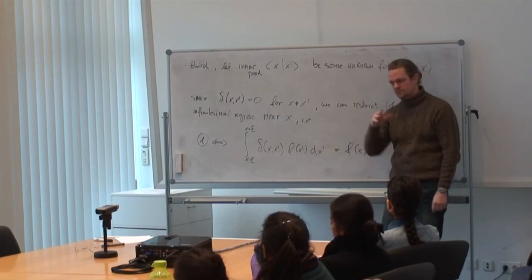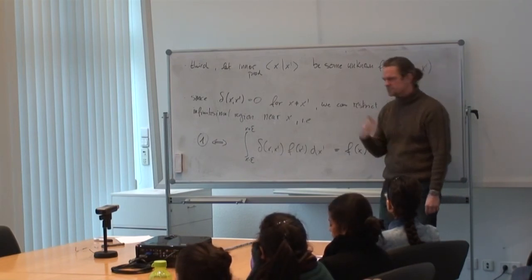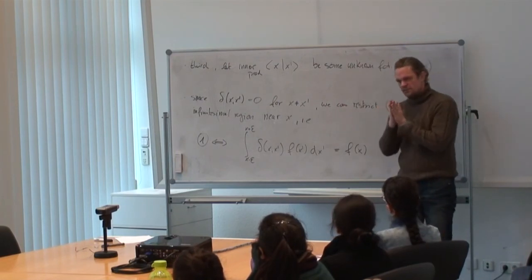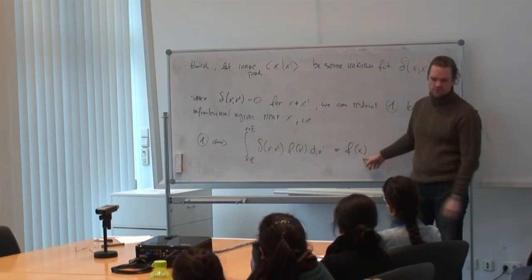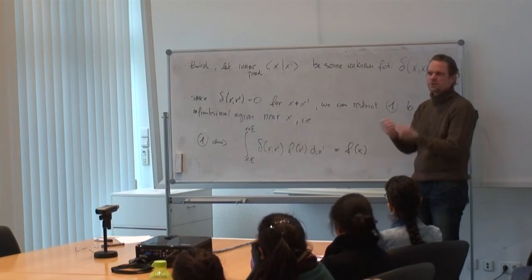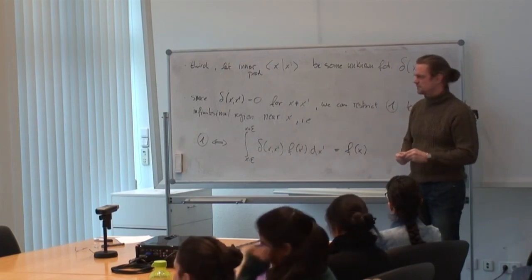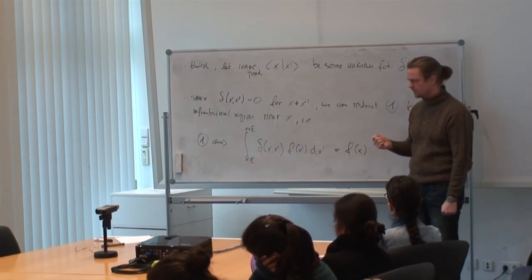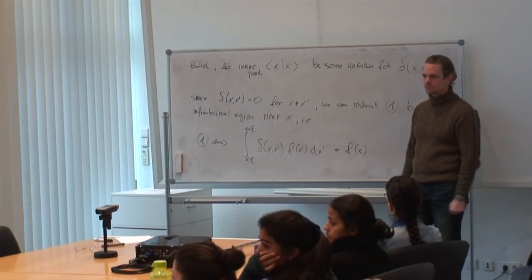It will be smooth. Everything inside this very small interval around x will basically be this. There will not be a lot of change inside this interval. So it will be exactly f of x in the limit, or?